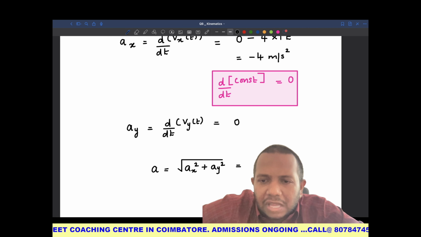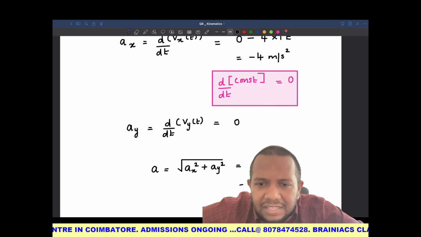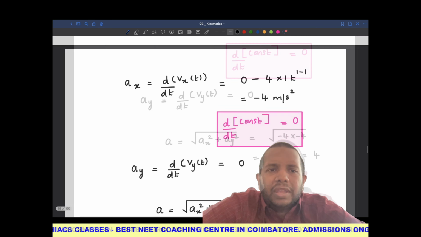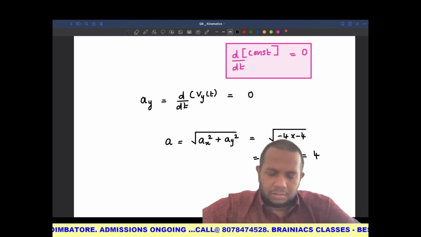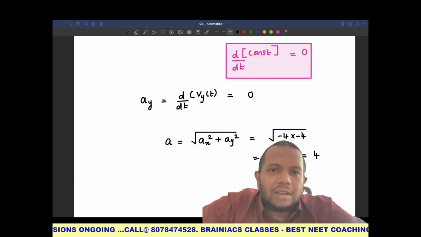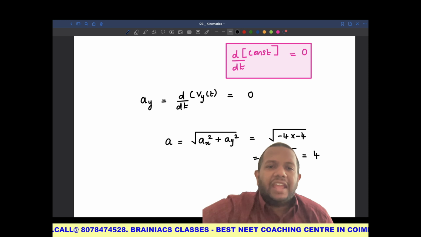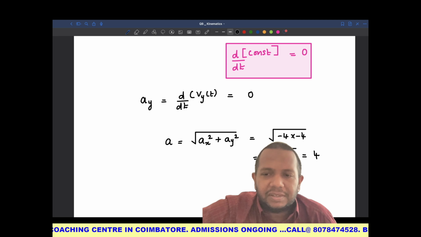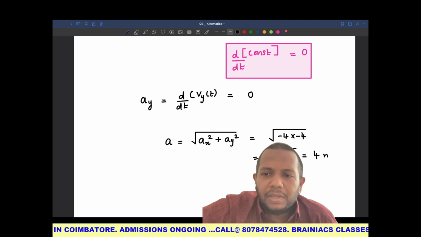So that will come around as 16, and the square root of 16 we will get as 4. Okay, so we calculated the net acceleration a, which is 4 meter per second square.